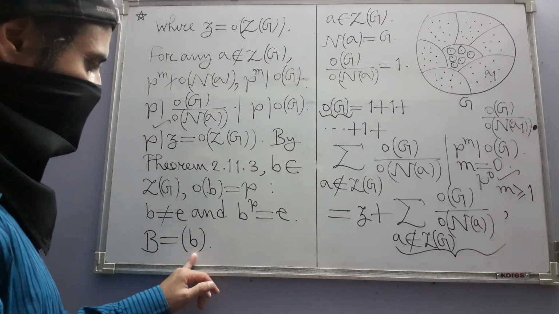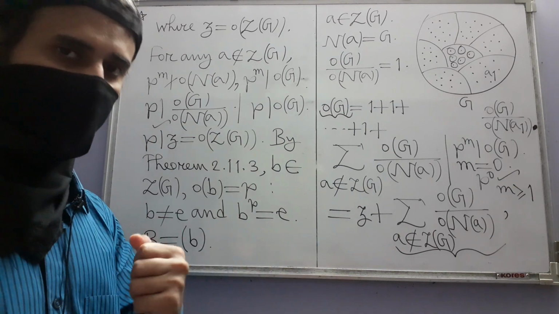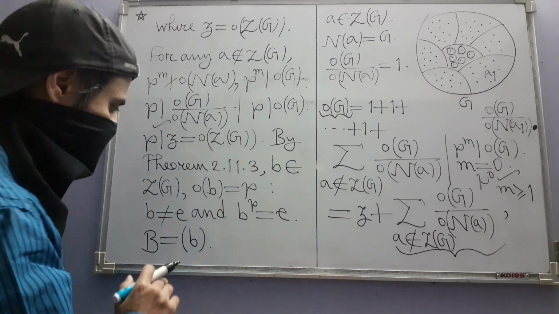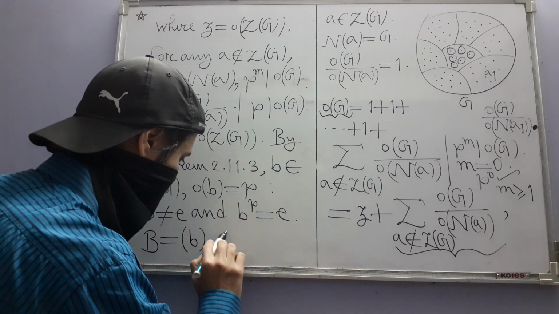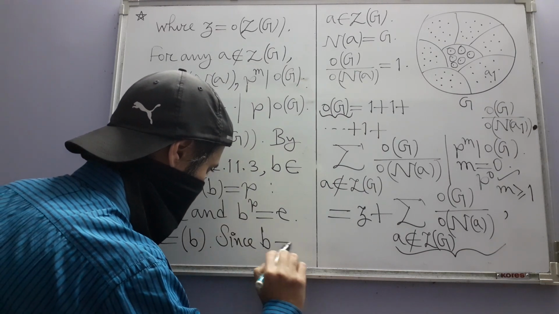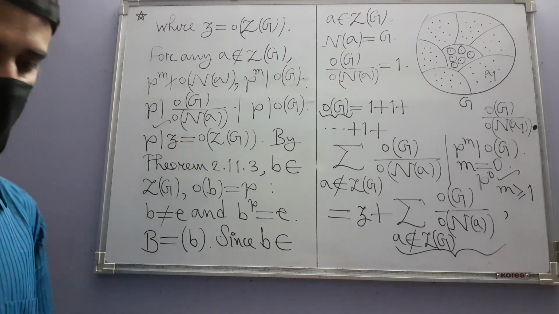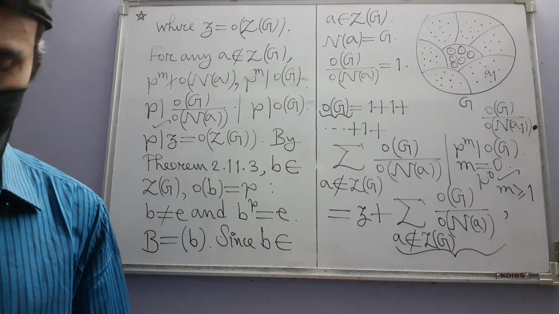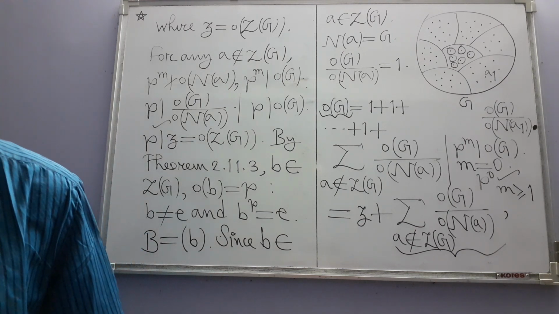And central elements commute with all the elements of G. So, since b is in the center of G, this capital B is going to be a normal subgroup of G.